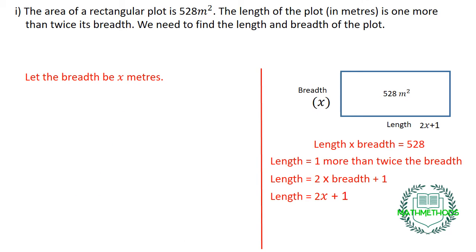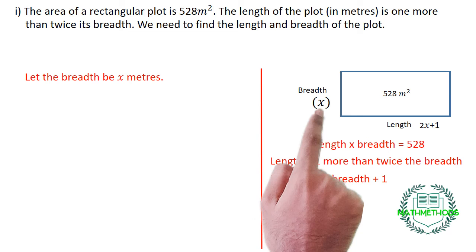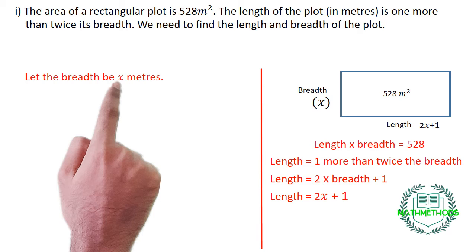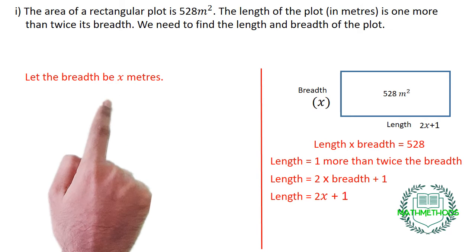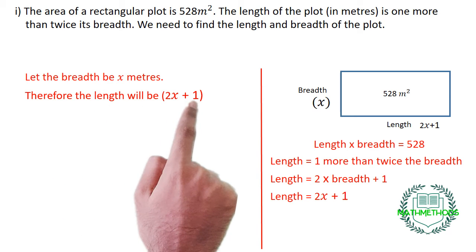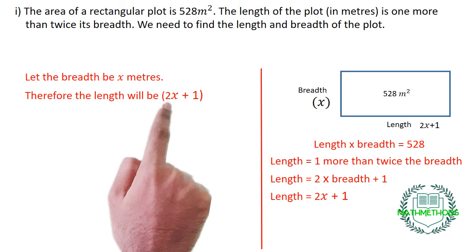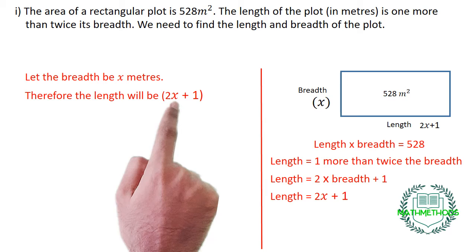We have already seen that if the breadth is x, then the length becomes 2x plus 1, because the length is one more than twice the breadth. So when the breadth is x meters, the length will be 2x plus 1 meters. This can be read as one more than twice the breadth.